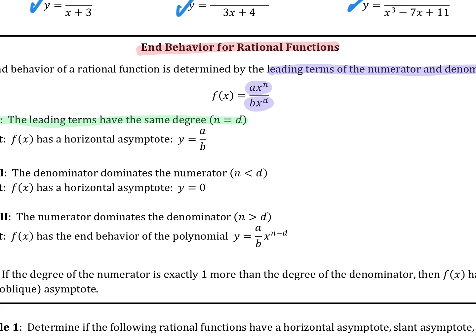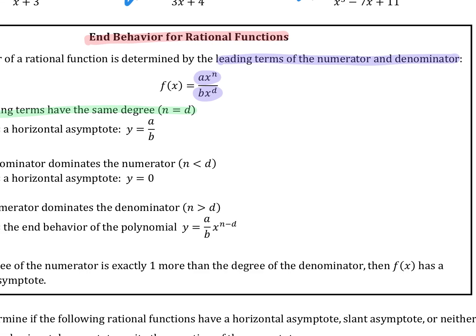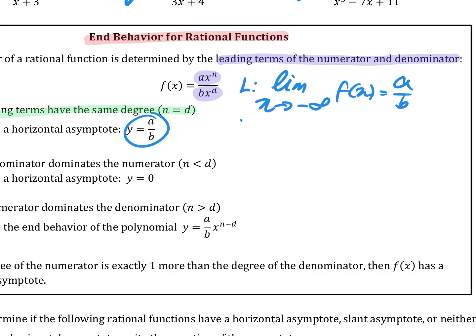So for the end behavior of this situation, on the left side of your function, the limit as x approaches negative infinity of f of x will be the ratio a over b. And also on the right side, the limit as x approaches positive infinity of f of x is equal to the same a over b.